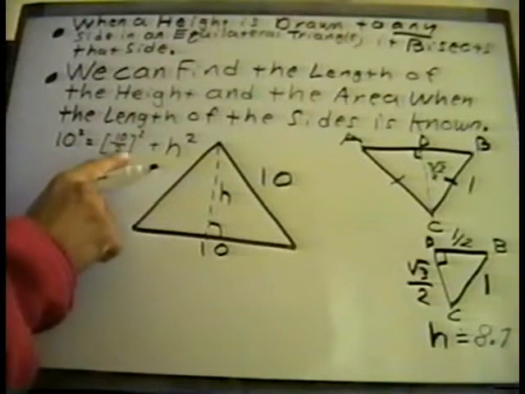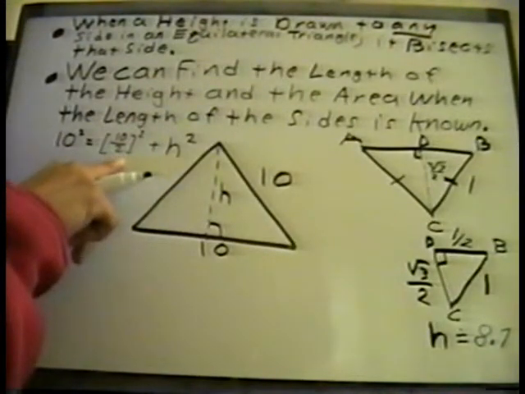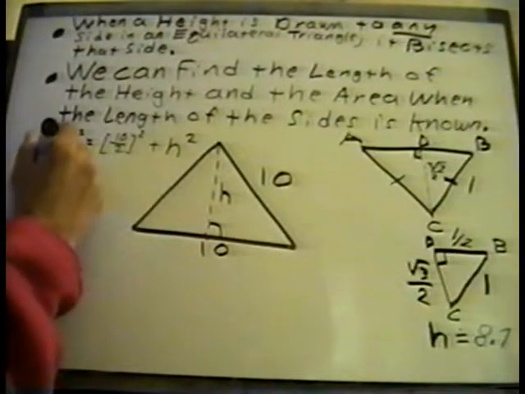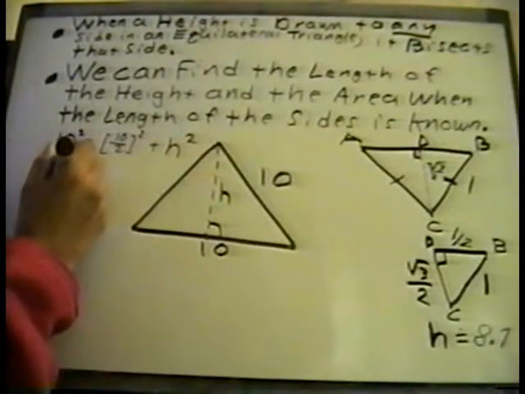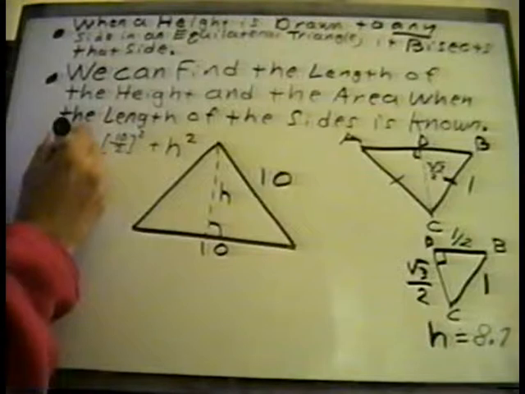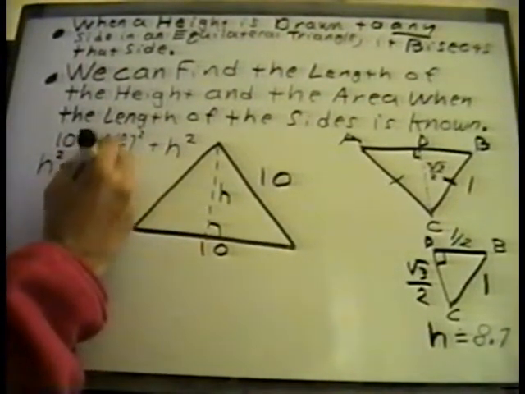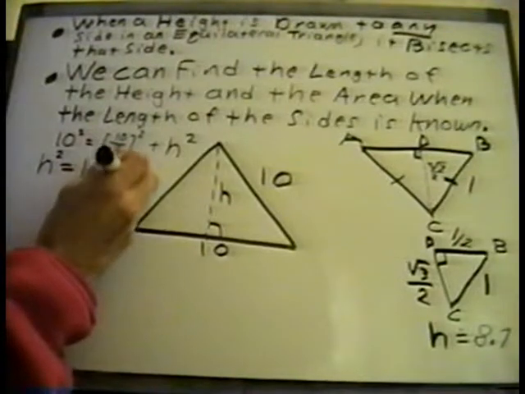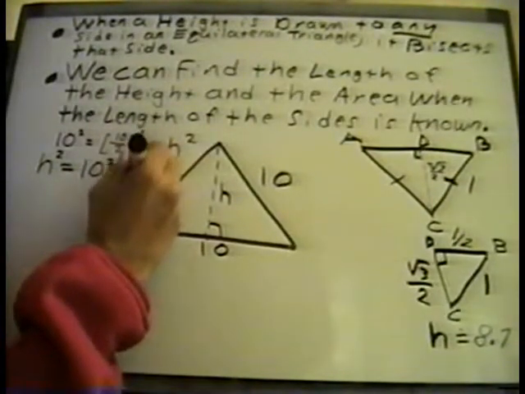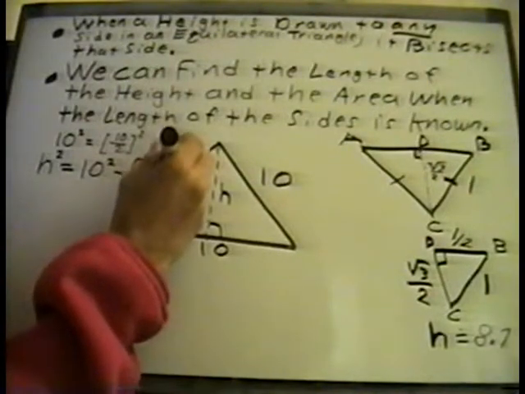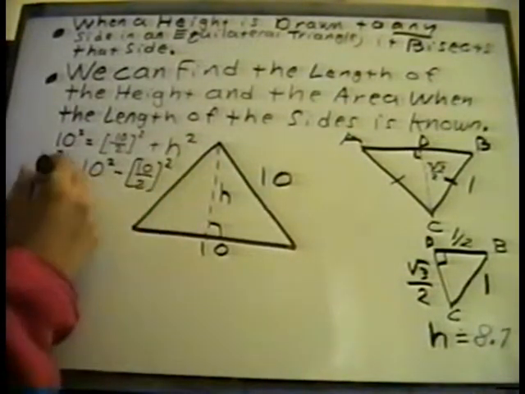Okay, now we want to simplify for the term. That's 5 squared. But before you can, simply move it to the other side of the equation first. That becomes h squared equals 10 squared minus the square of half of 10.